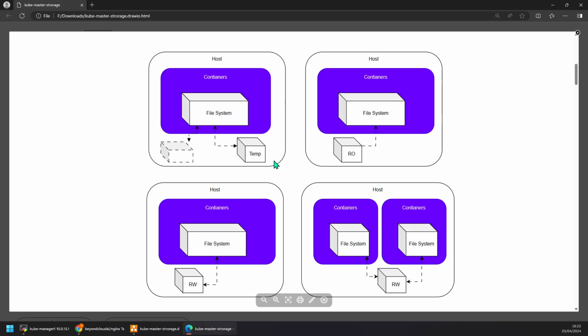And here there is a temp file system. Now, by default, Kubernetes mounts a volume. That's something which no one tells you. But when you create any kind of pod or deployment or whatever, the container is going to create a secret volume.